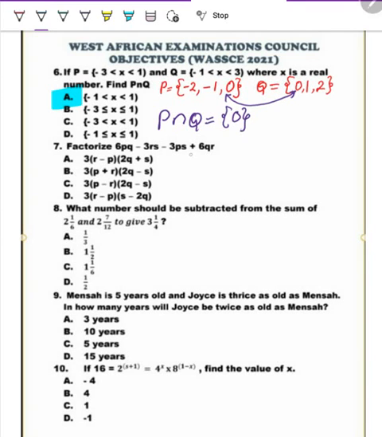We're going to have 6pq plus 6qr minus 3ps minus 3rs. Always remember to take every term with their sign. If it is negative, take it along with the negative sign. If it is positive, take the term along with the positive sign.